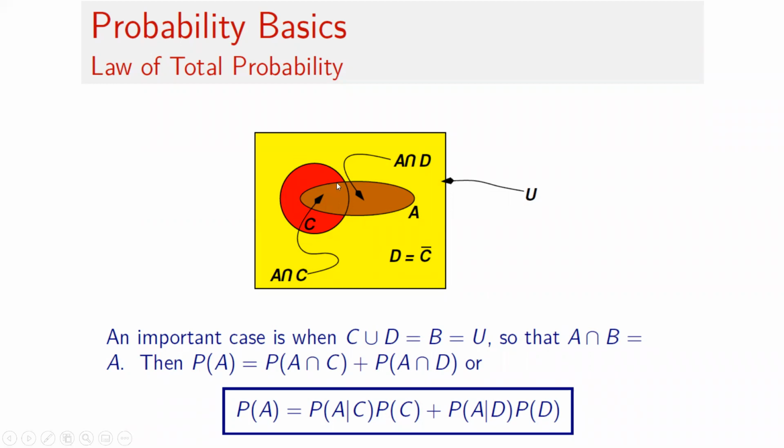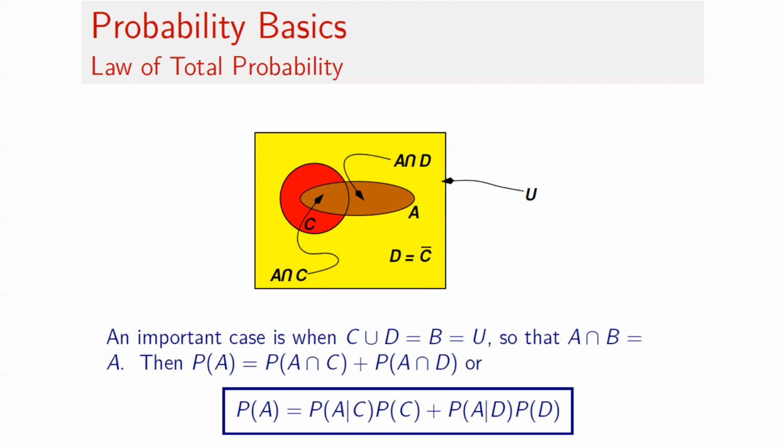You can see here that the universe is a yellow block, and we have two elements, capital C, the circle in red, and the elements that are not in capital C, which is D. So the union of C and D is all the universe.